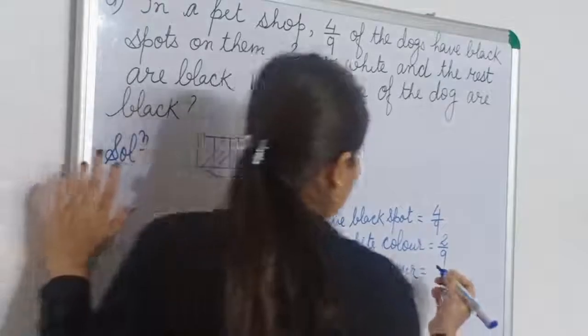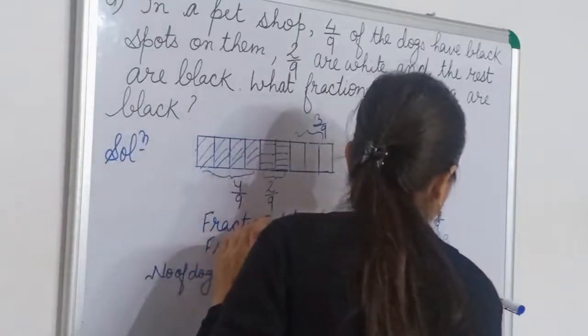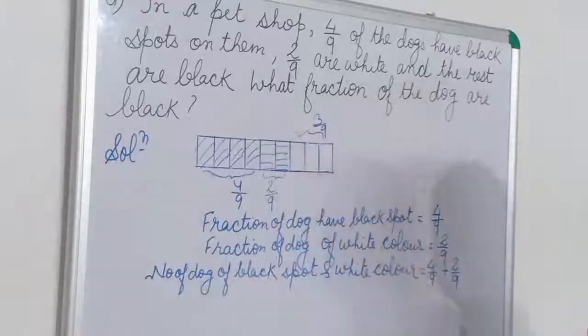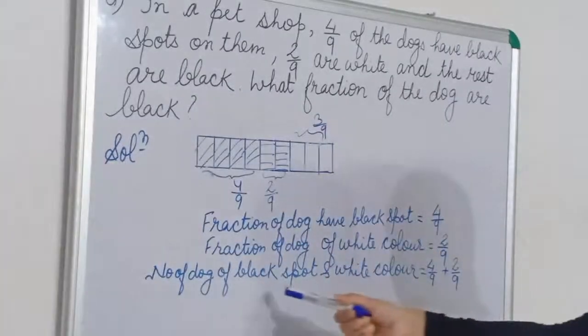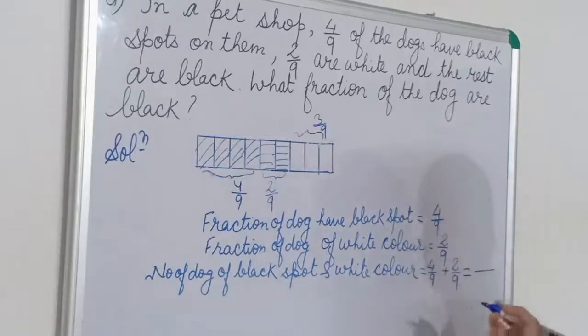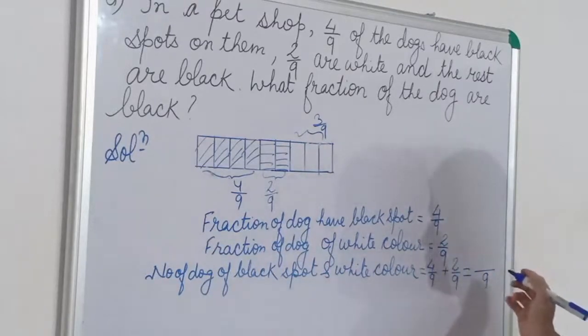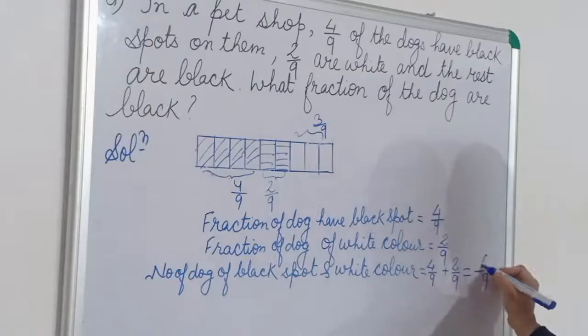So here we will add 4 by 9 plus 2 by 9. First I am finding the dogs with black spots and white color, so here it is addition only. Simply we write the denominator, and only add the numerators. 4 plus 2, what will it be? 6. This is 6 by 9.